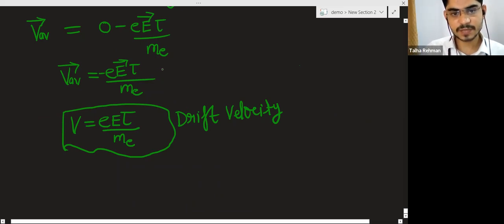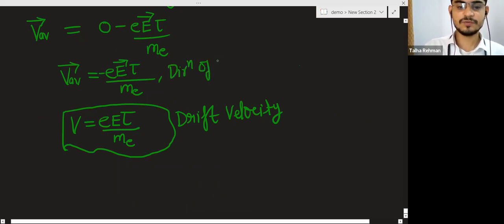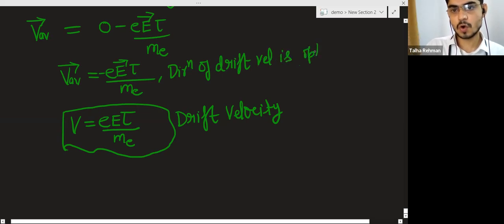So from this negative sign we can conclude that the direction of drift velocity of electron is opposite to the electric field.